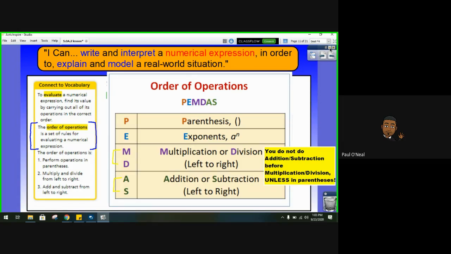If subtraction comes before addition, you can subtract. But you cannot add or subtract before you multiply or divide. So it's basically a way of working yourself down from a large equation, working it down until you get a final answer. So again, please pause the video at any time so you can get this information down.